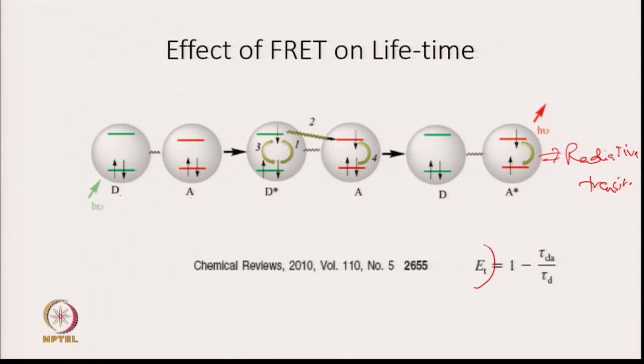Now, here transfer efficiency can also be given in terms of lifetime, and transfer efficiency is equal to 1 minus lifetime for donor in presence of acceptor divided by lifetime of donor.